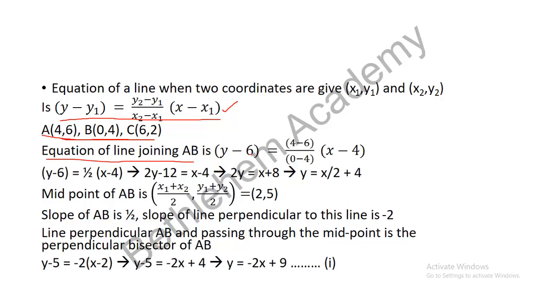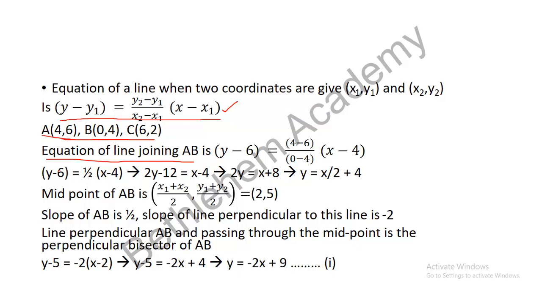So y minus y1, where y1 is 6, is equal to (4 minus 6) divided by (0 minus 4), multiplied by (x minus x1), where x1 is 4. So y minus 6 is equal to minus 2 divided by minus 4, that is half, multiplied by (x minus 4).